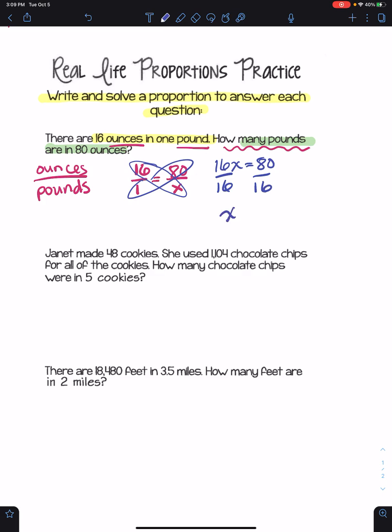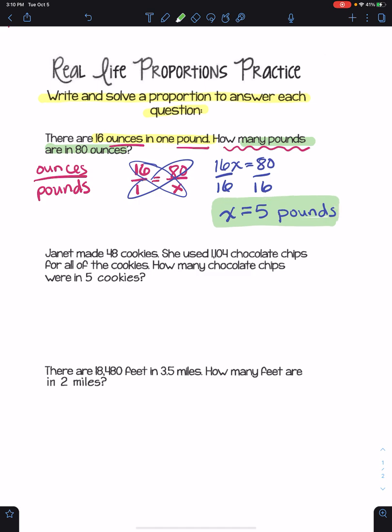In my calculator, I'm going to do 80 divided by 16 to get 5. So we found out that there are 5 pounds. 5 pounds equal 80 ounces. I guess it shouldn't really say how many pounds are in 80 ounces. 80 ounces are actually in 5 pounds. It's funny, I've used this page of notes for years and just now realized that that's worded incorrectly.